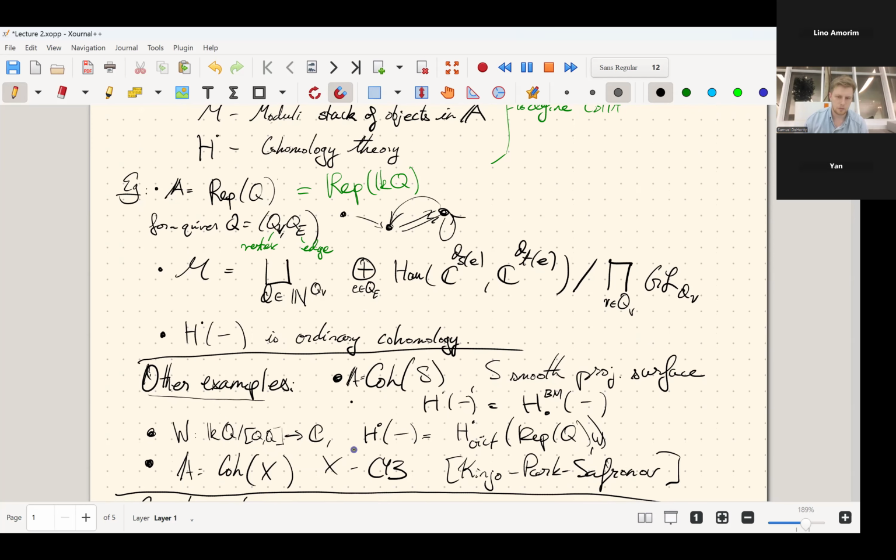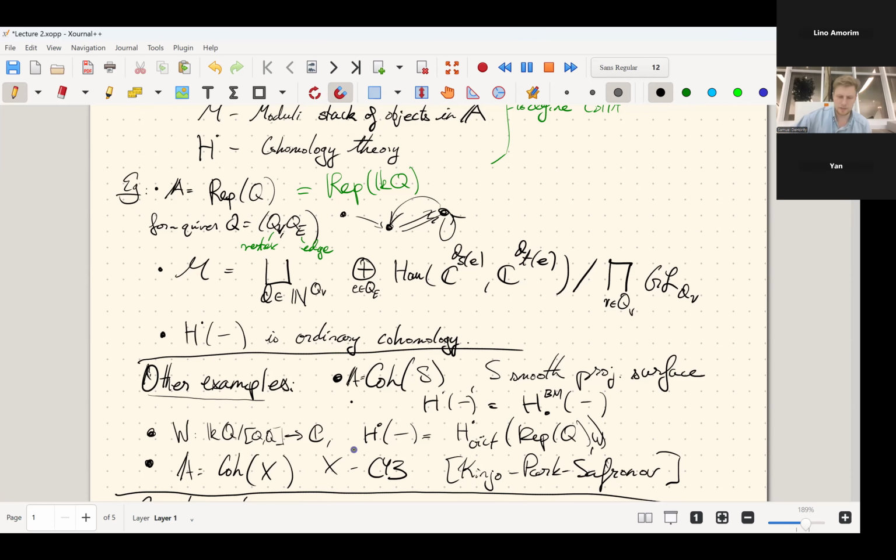One broad class of examples is the abelian category of coherent sheaves on a smooth projective or close enough to projective surface. So if there's a group action which is equivariantly projective, then this also carries through. But you have to take a slightly funnier version of cohomology theory. You have to take Borel-Moore homology.